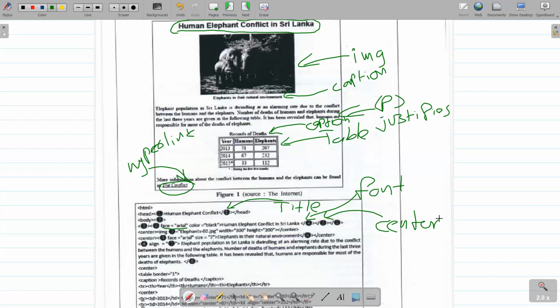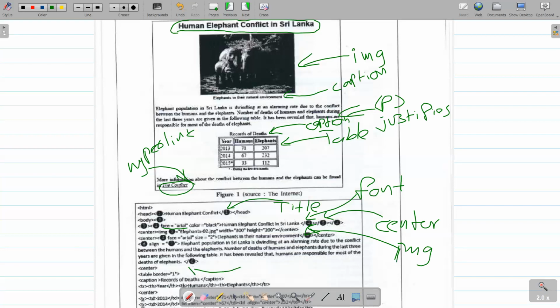Right, and this is of course IMG, this particular one. And where do we have here?